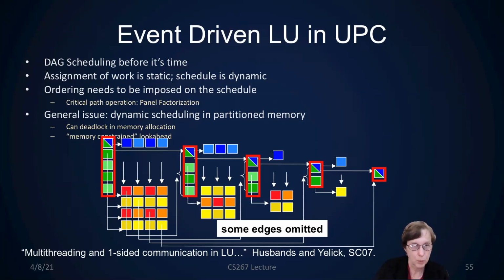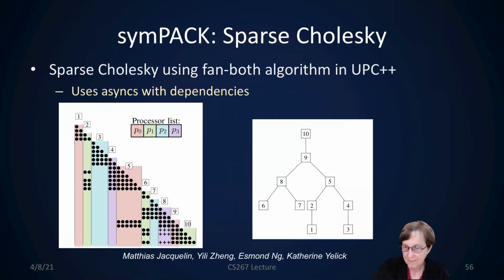This was actually a problem that he ran into in the first version of the algorithm and had to then implement a more memory constrained look ahead algorithm. So this comes up also more recently in UPC++ and SymPACK. I think I might have mentioned this in the PGAS lectures.